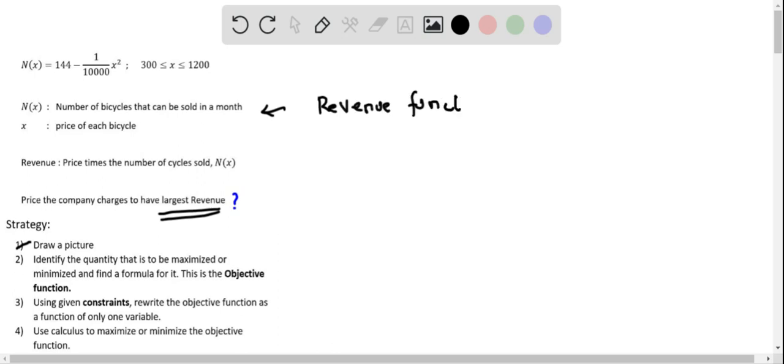Let's say the revenue function is denoted by R of x. This is given as the price times the number of cycles sold. So we can write this as x times n of x.